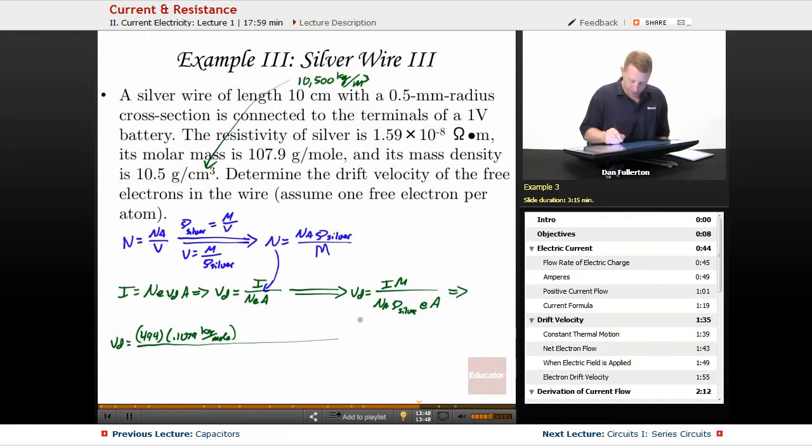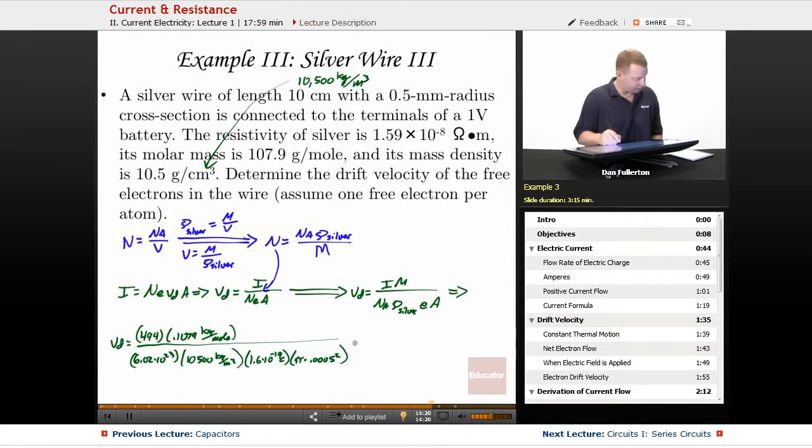So we've got to divide all this by Avogadro's number, 6.02 times 10 to the 23rd, times our mass density for silver, which we said 10,500 kilograms per meter cubed, times our charge per carrier, that's our elementary charge, 1.6 times 10 to the minus 19 coulombs, times our area, which is pi r squared, so pi times 0.0005 squared.